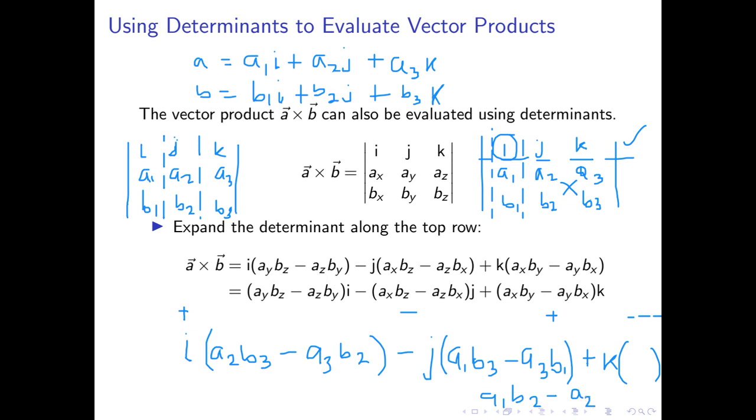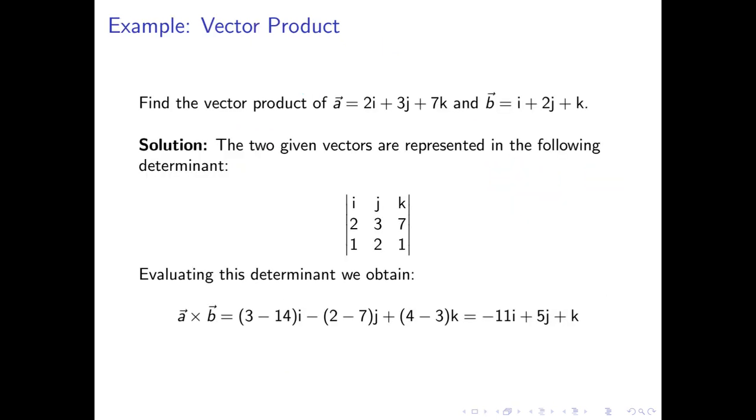And this is how you simply represent or evaluate your vector product. Here we have done it for 3 components. You can practice to do more, and then you see how easy it is.